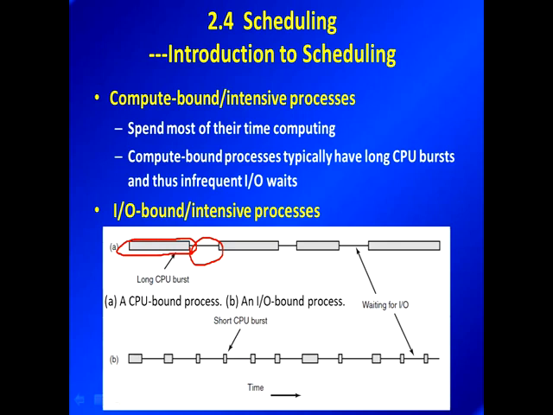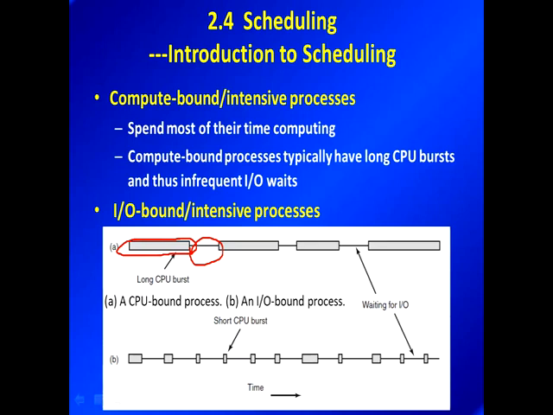A typical example of this process is a compiler. You know compiler, right? If you are running a compiler, it means you need to compile some source code into machine code so that you can execute the program you just wrote.